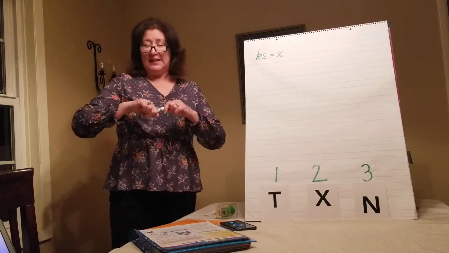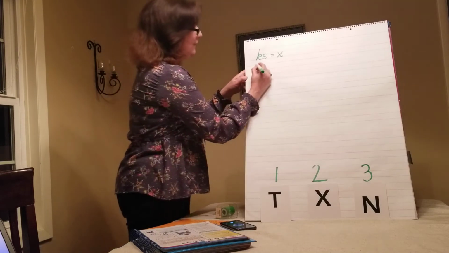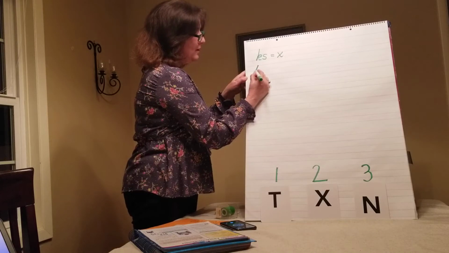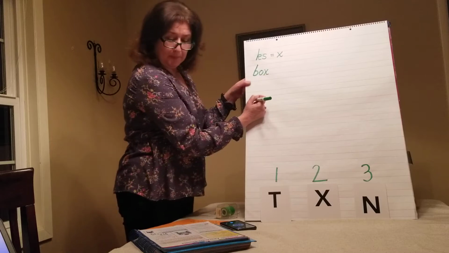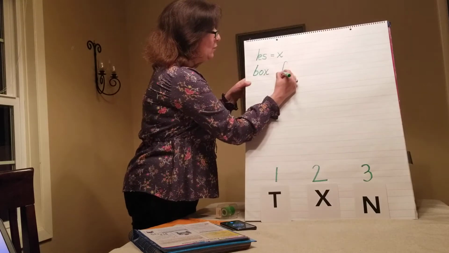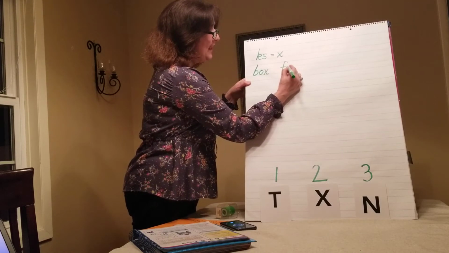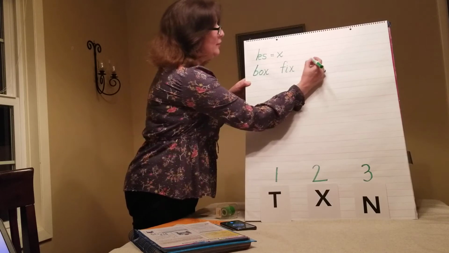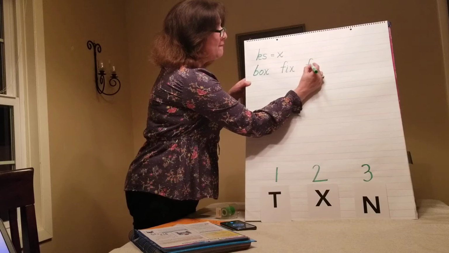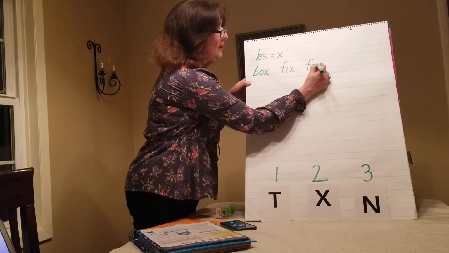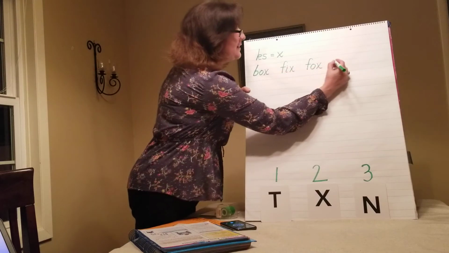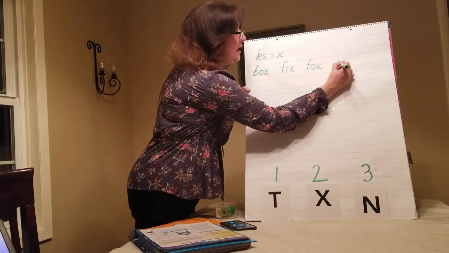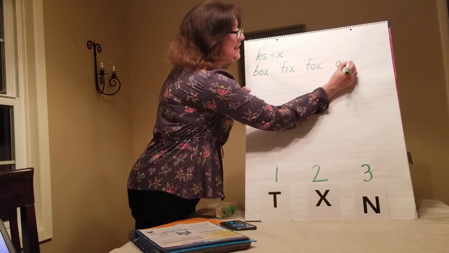And we hear that X sound at the end of the word box, and the end of the word fix, and the end of the word fox, and last but not least, the end of the word ax.